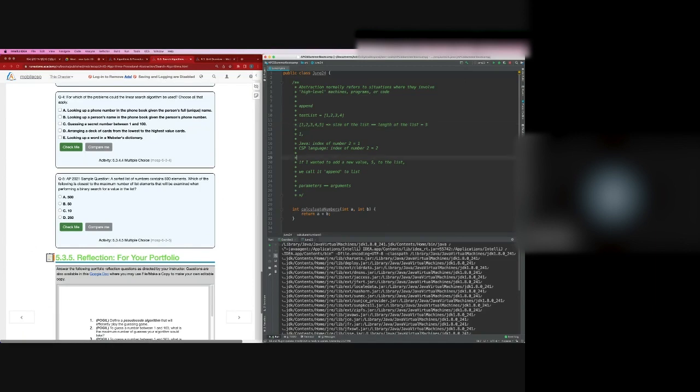So what this question is asking is, let's say you have a sorted list that contains up to 500 elements. The maximum number means the worst case scenario that you will have to look for a value inside the list.